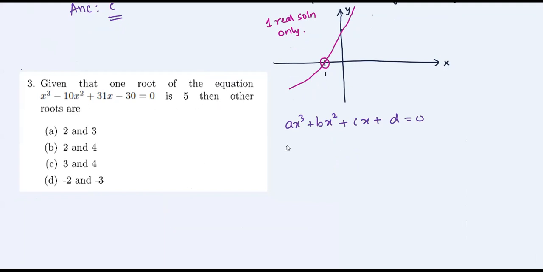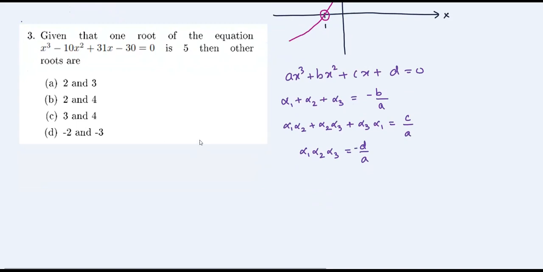Sum of roots in this case is minus coefficient of x square by coefficient of x cube. The sum of the product of roots taken 2 at a time is c by a. The product of the roots is minus d by a.